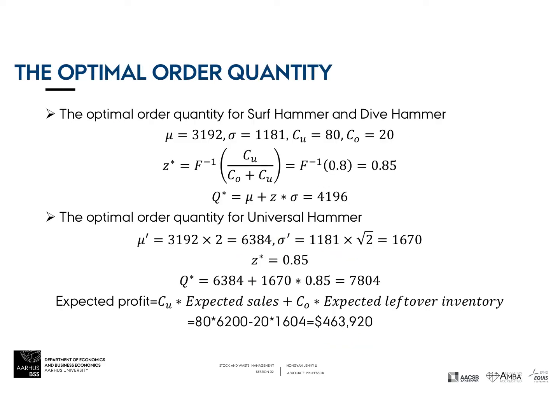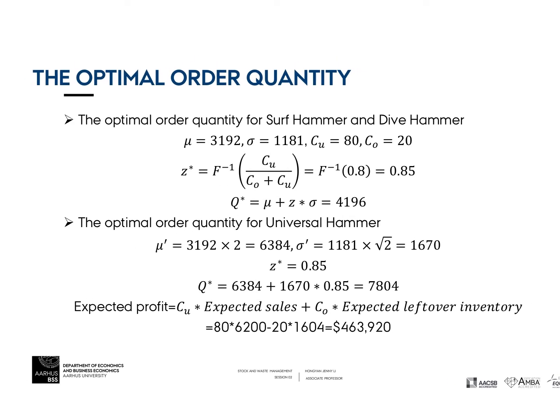The optimal order quantity for the separate products, the Surf Hammer and the Dive Hammer, is 4,196 units for each of them. And then the optimal order quantity for the Universal Hammer.